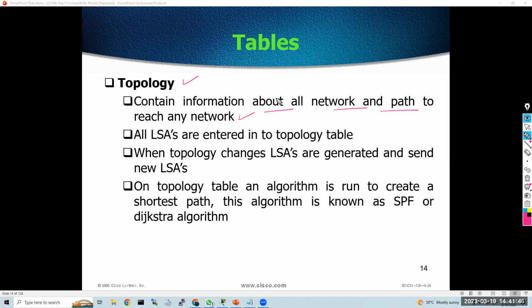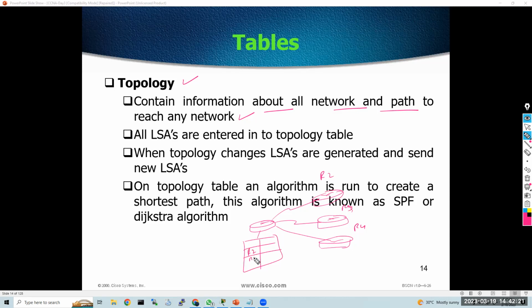It has a lot of paths connected. Say, for example, you are connecting two routers, and again you connect one more router here, and again one more router here. Now this topology table will show you, for example, this is my R2, R3 and R4, three routers. If you check the topology table, all this information will be there.